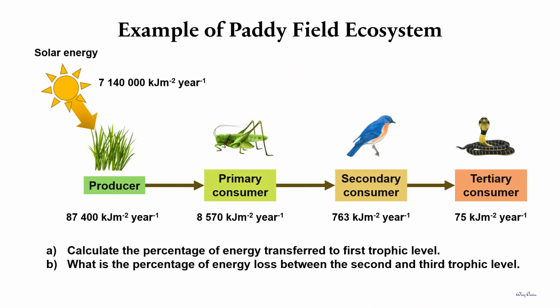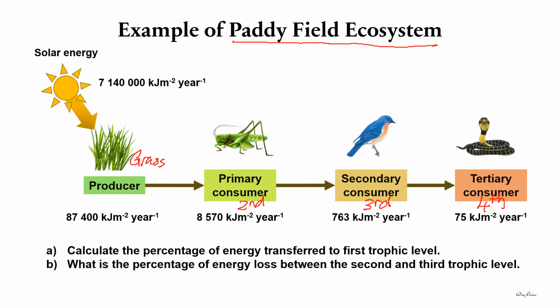Okay, let's move on to the last learning outcome about the energy flow in the paddy field ecosystem. So I propose one food chain that begins with the producer, which is the grass, as the outer draw, and moves on to the second trophic level, the primary consumer, the third trophic level, the secondary consumer, and the fourth trophic level, which is the tertiary consumer.